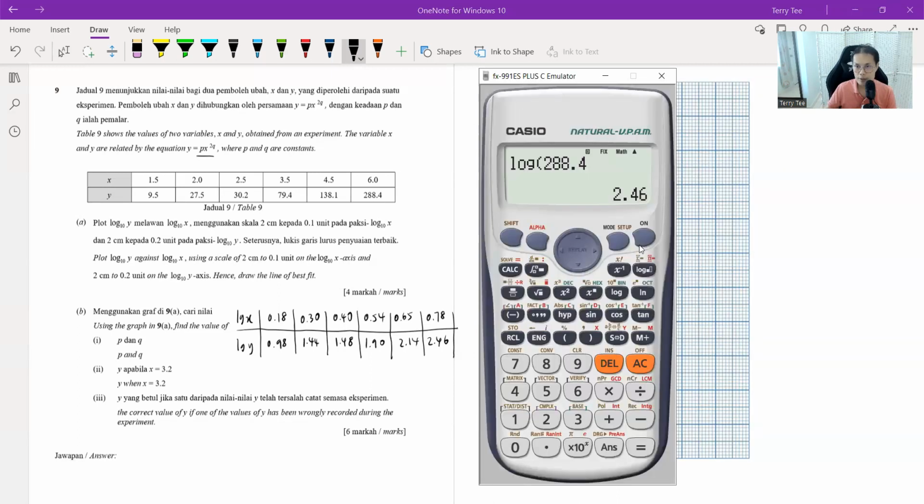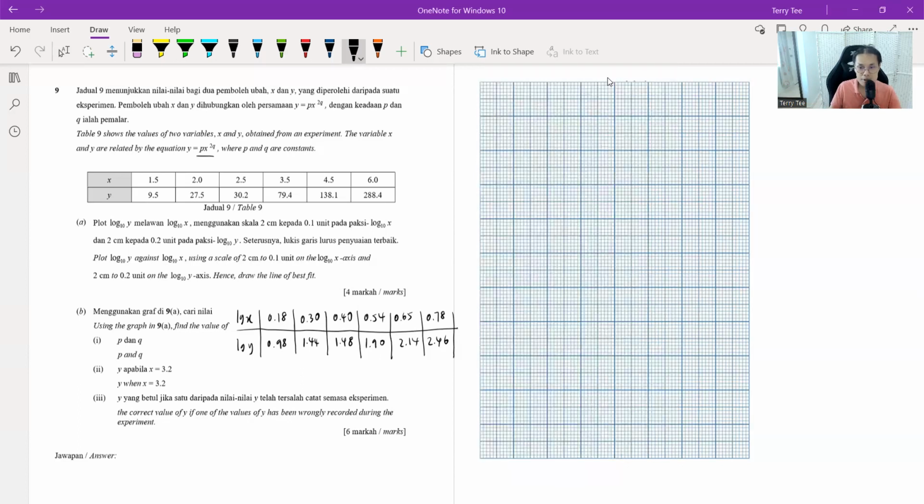If you divide 2.46 by 0.2 on the horizontal axis, you will get 12.3. That means I need 12.3 boxes. But a standard graph paper given in SPM usually is 11 vertical by 8 horizontal. Or if you buy those graph papers, it's 12 by 10. So you won't be able to fit everything inside. So that's a problem.